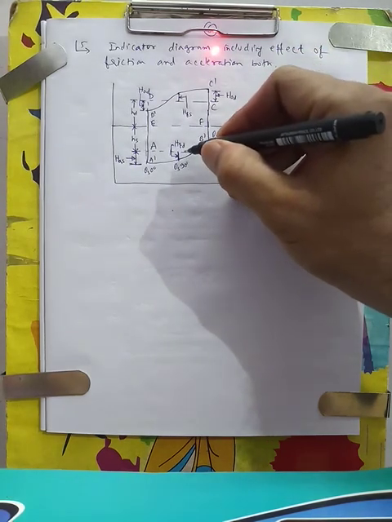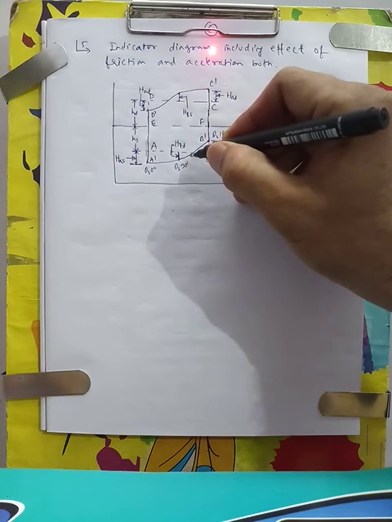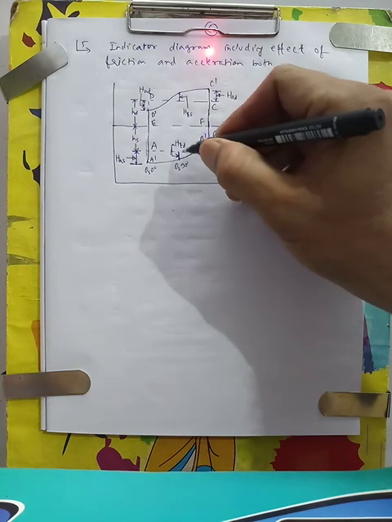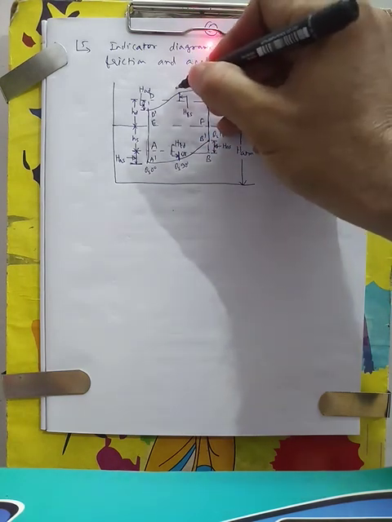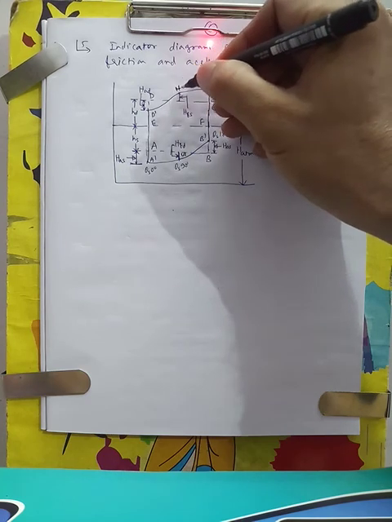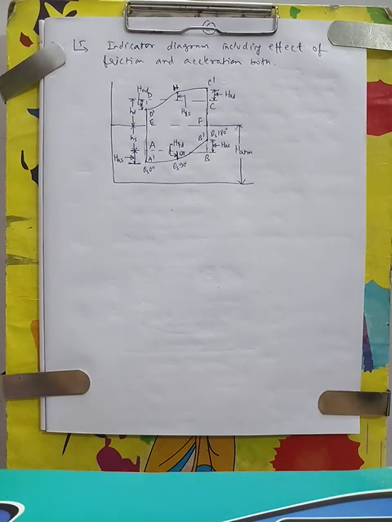Give some names, G and H. So the indicator diagram, if we add the effect of friction and acceleration, will be A1 G B1 C1 H D1 and A1.